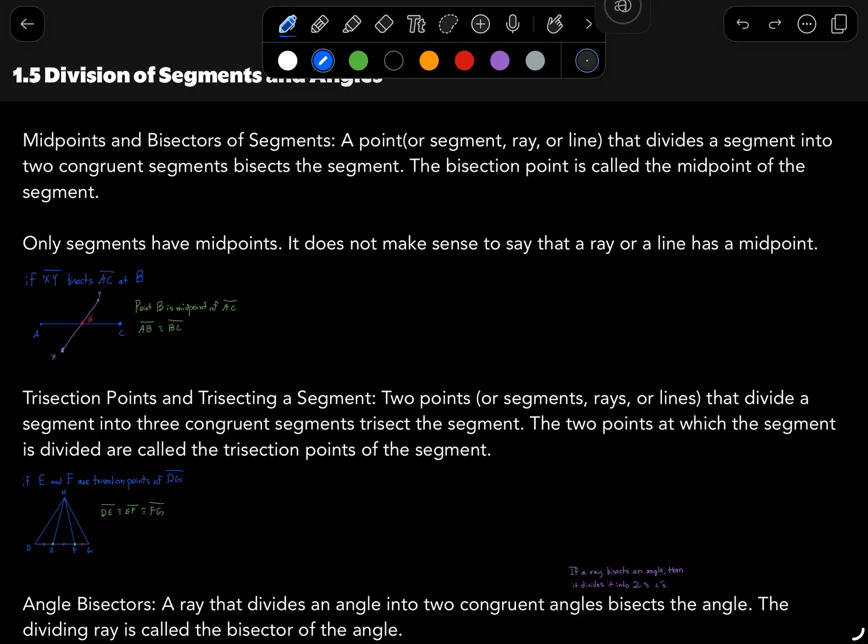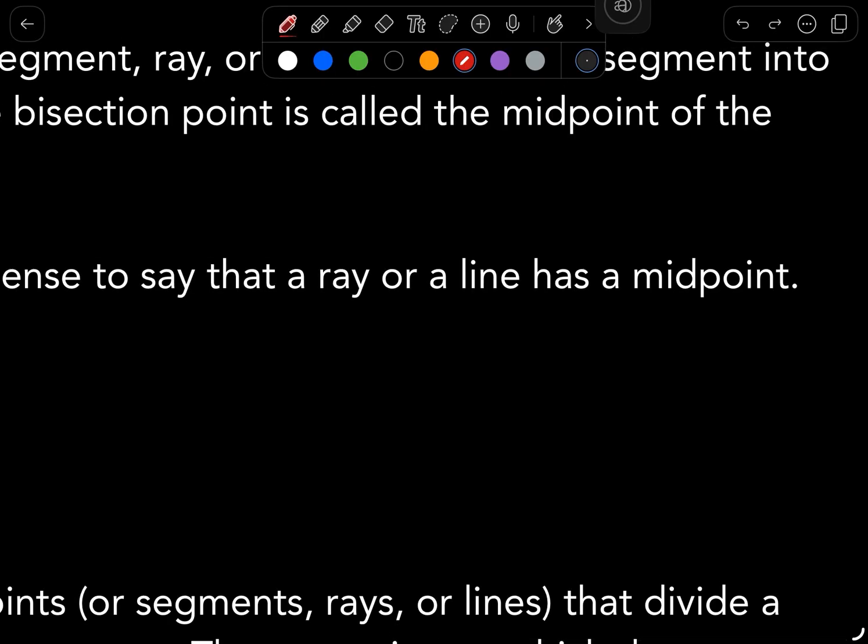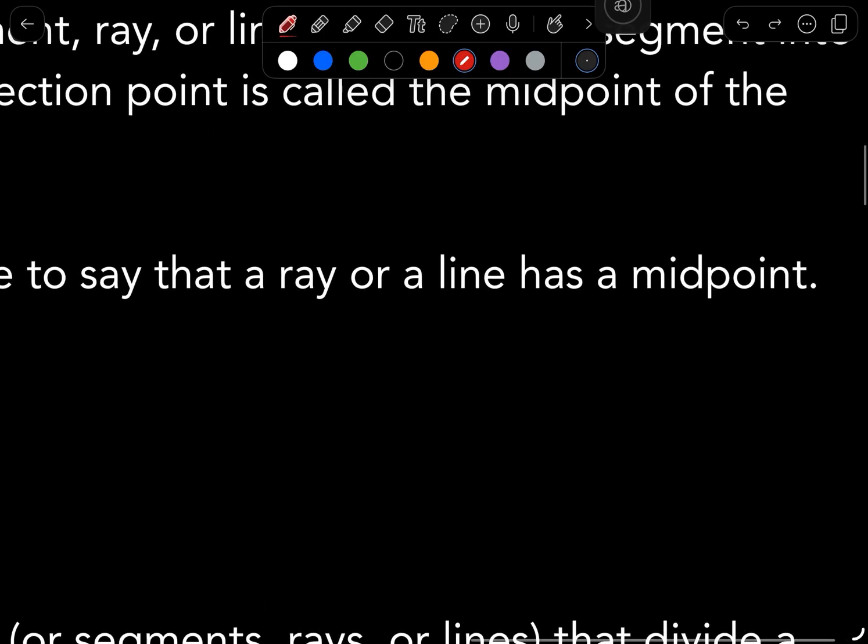It doesn't make sense to say that a ray or a line has a midpoint, because both of these geometric figures go on forever in an infinite direction, and it doesn't make sense to have a midpoint when there is an infinity involved.